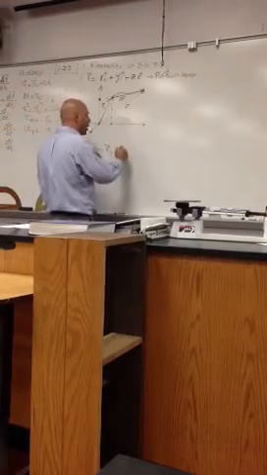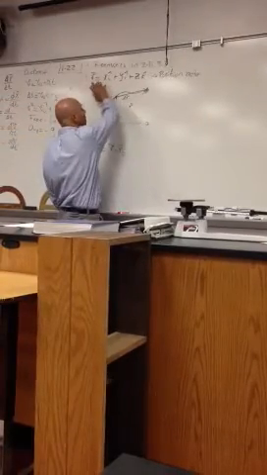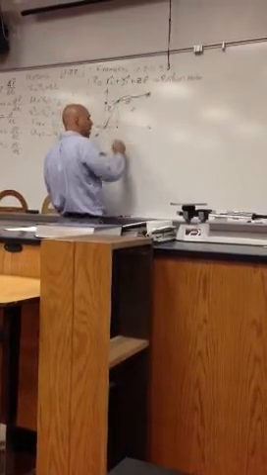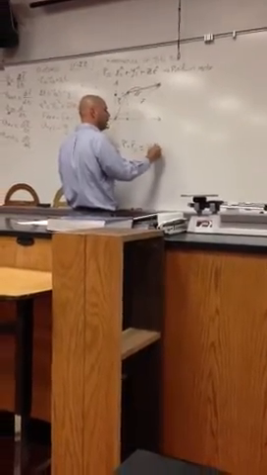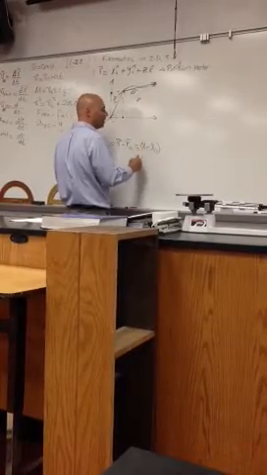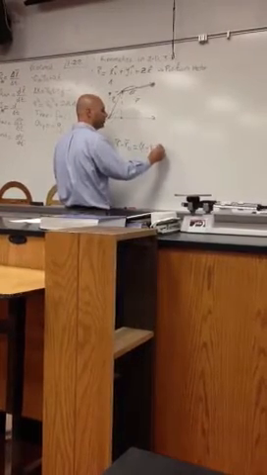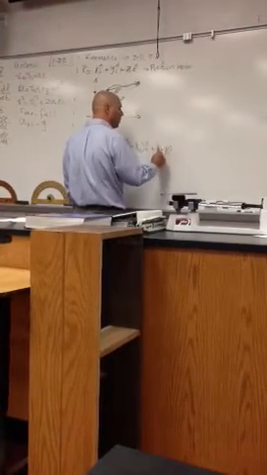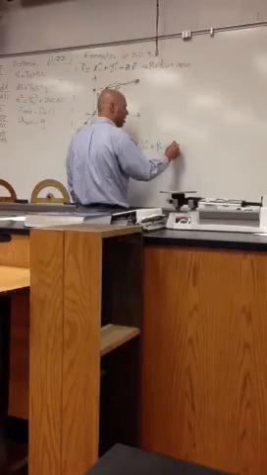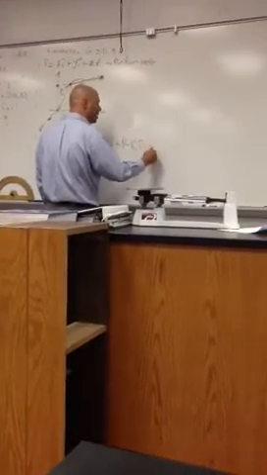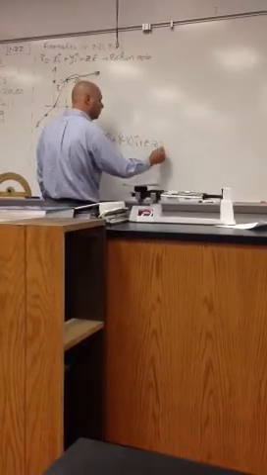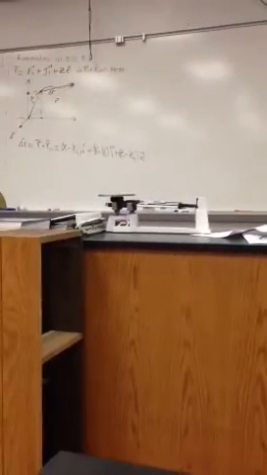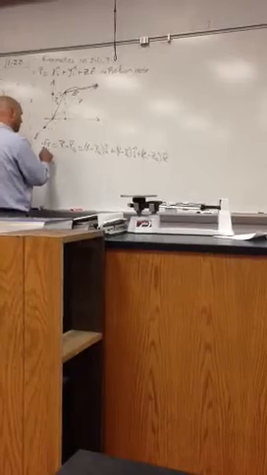So if we have vector r0, that is x0, y0, and z0, when we subtract, it will be x minus x0, same thing as delta x i, plus y minus y0, same thing as delta y j, plus z minus z0 k, and this will be your displacement vector or change in position.